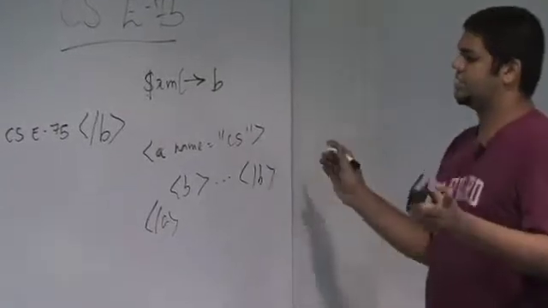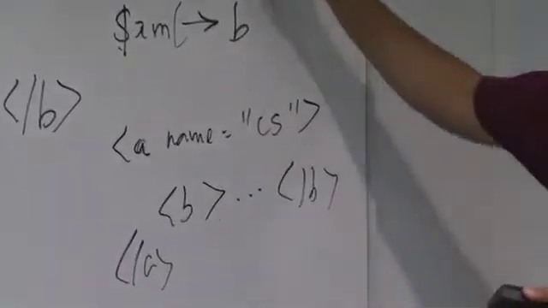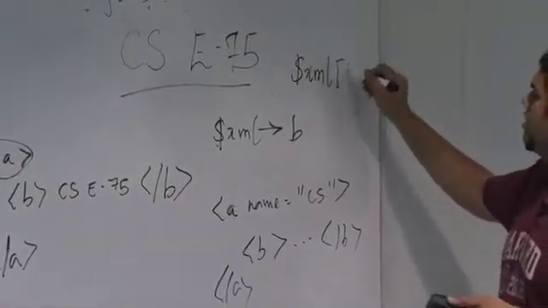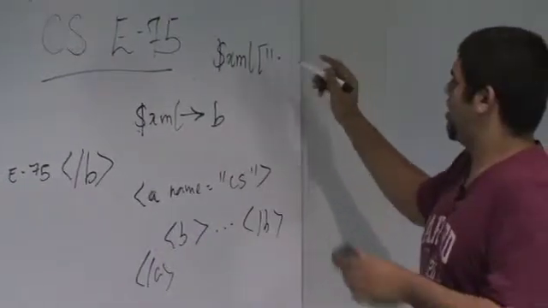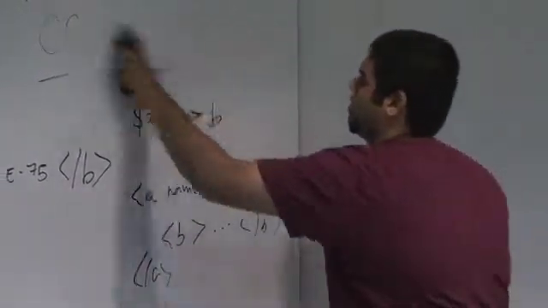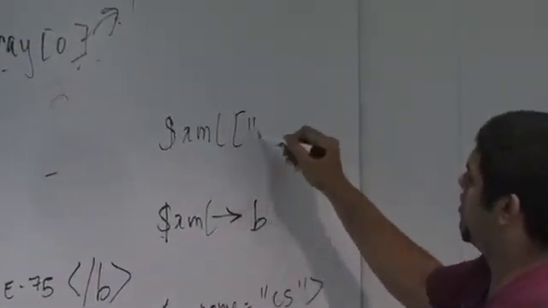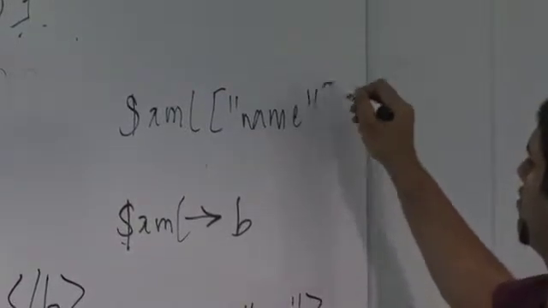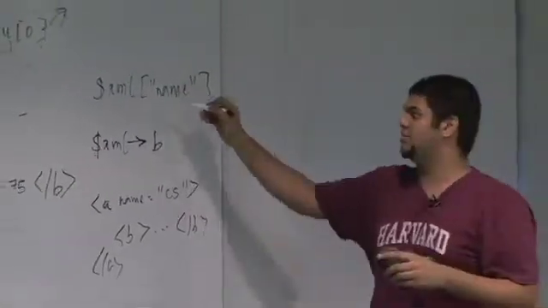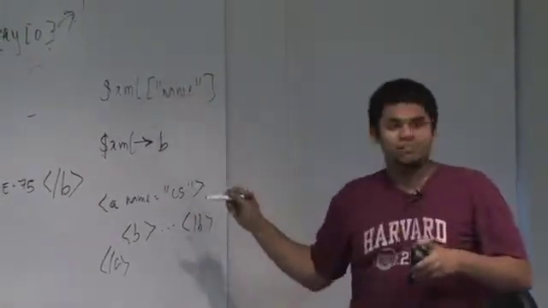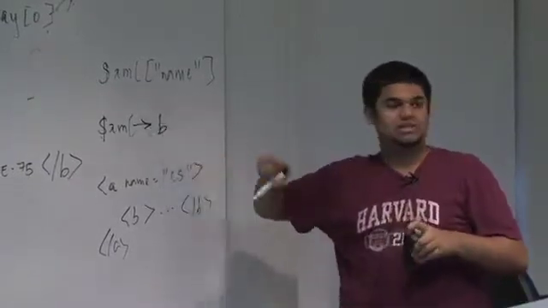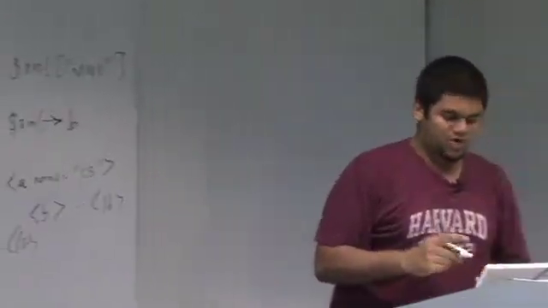Maybe it's the same, maybe it's not, doesn't matter. How you would get at this is $XML. Is that clear? If you want to get at the attribute of an element, you treat it like an associative array, so you just say, give me the name of that. But if you want to get at the child element, you would use the arrow to say B. This is something I missed talking about last time.